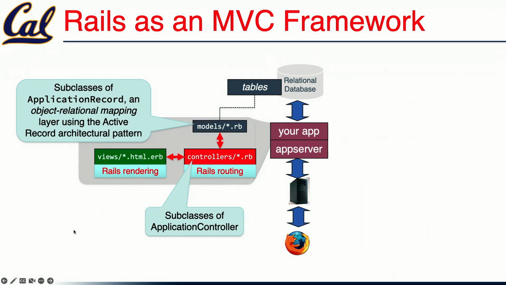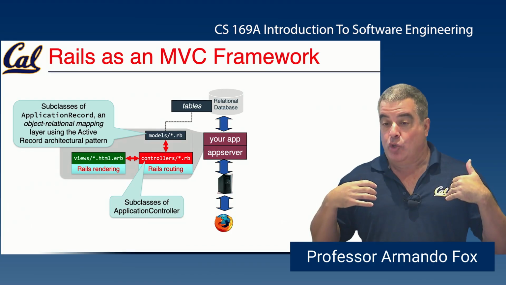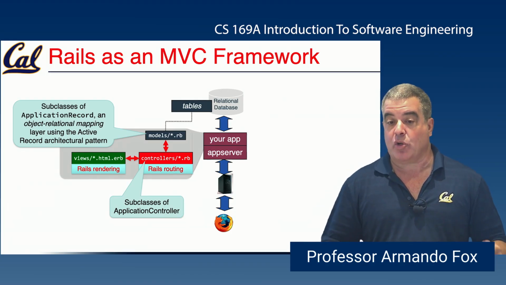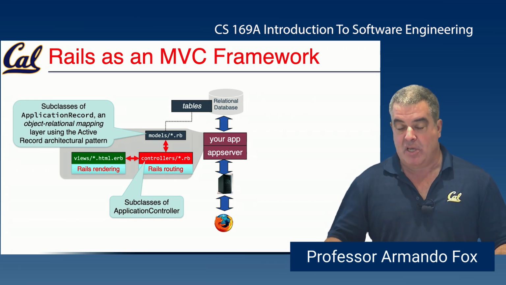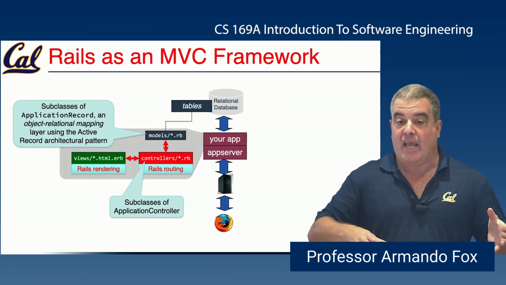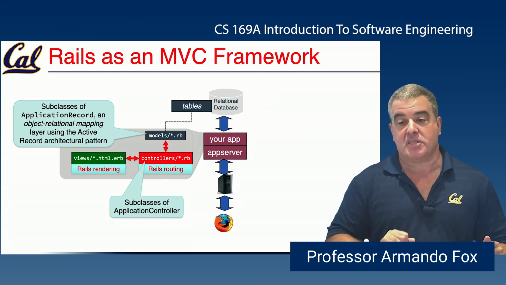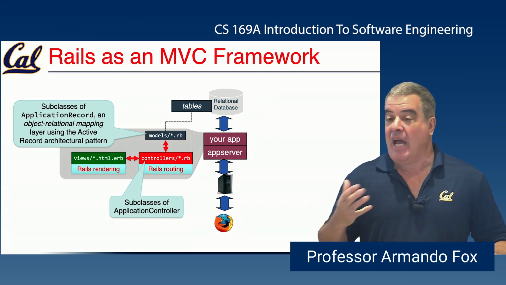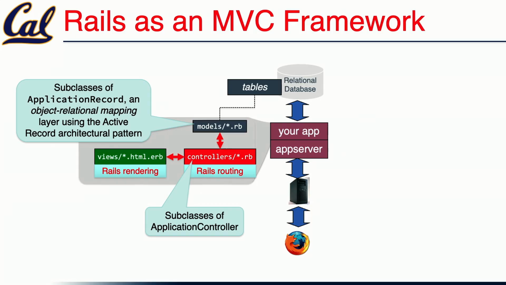The reason for that is that although the most common kind of view is an HTML page, you can have views that consist of other things. There are other templating systems, there are other output systems that you can use to create more concise versions of HTML. You can output things in JSON, you can output things in XML with minimal changes to the model logic or the controller logic.